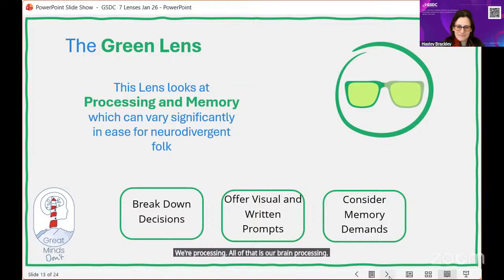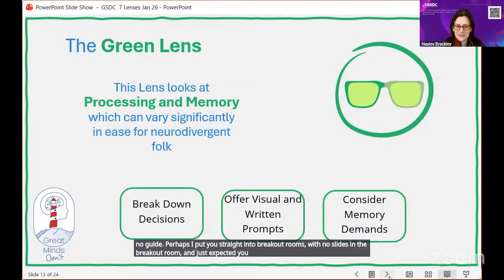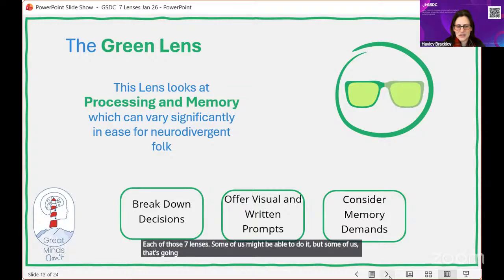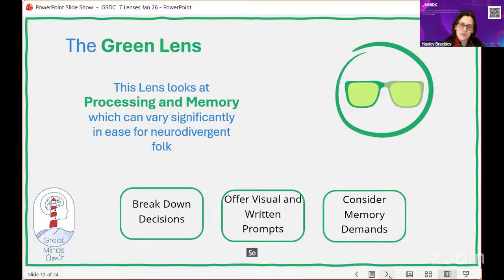Our memory. Now, if I sent you off to do an activity, say, for example, each of these 7 lenses, and gave you no notes, no guide, perhaps I put you straight into breakout rooms with no slides in the breakout room and just expected you to remember each of those 7 lenses. Some of us might be able to do it, but for some of us, that's going to be much harder. So think about, how do we break this down? Things like the decisions that need to be made.